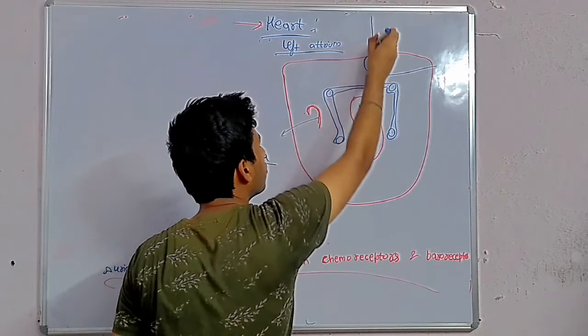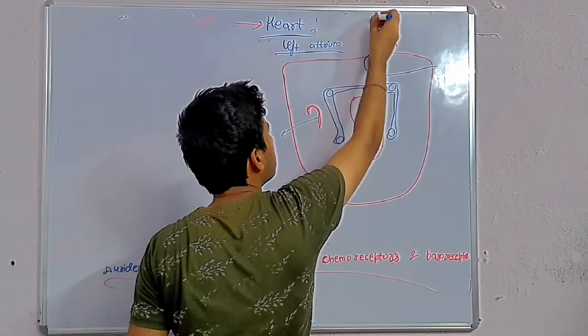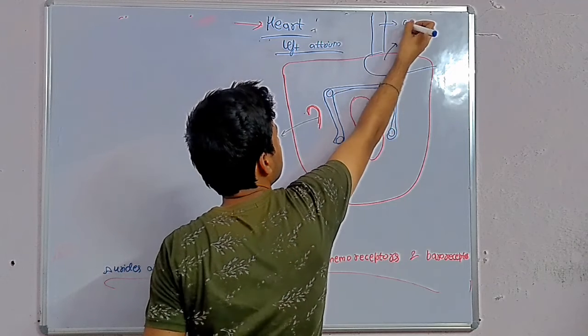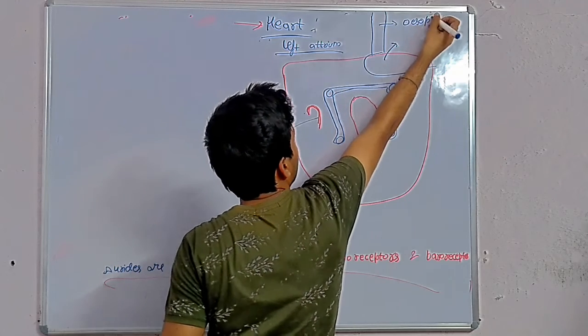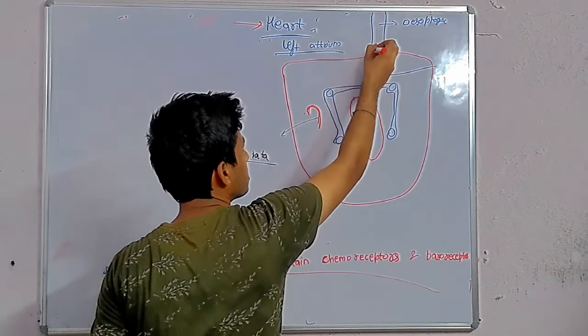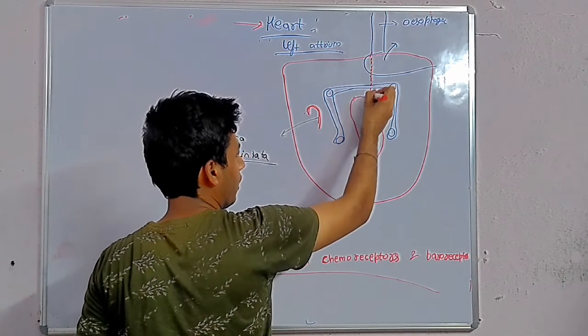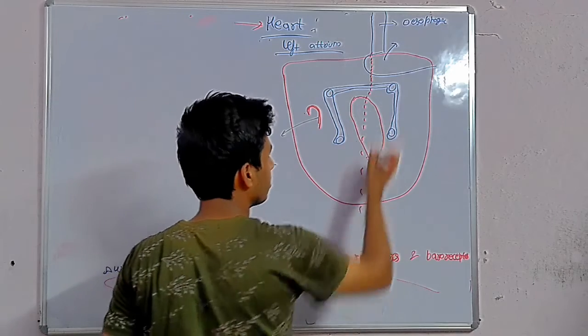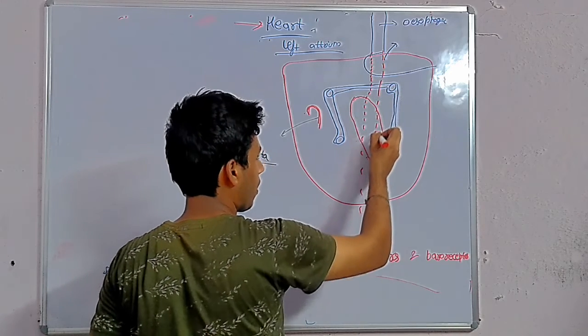Let's say this is the esophagus. It passes posteriorly to the heart, just like this.